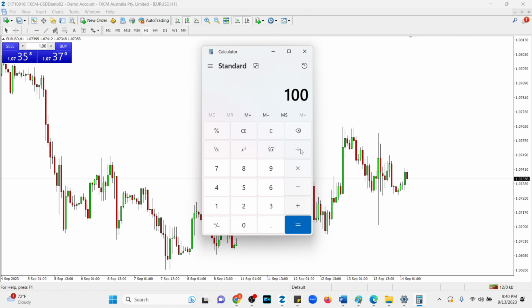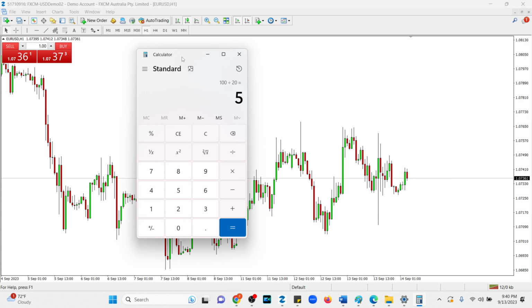Then you divide this by 20, and you know that the most you should risk per trade is $5, because 5 times 20 would be $100. Now, if you had a $10,000 account, then you would divide this by 20. That would be $500.